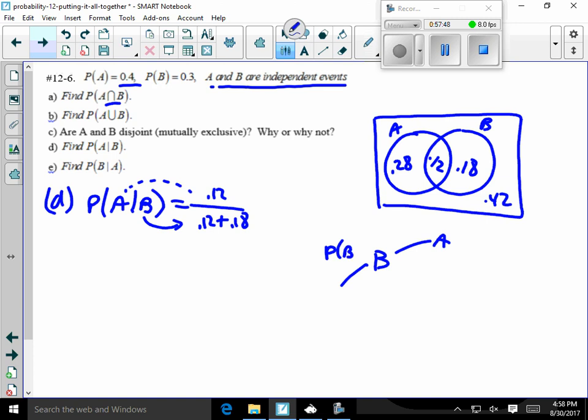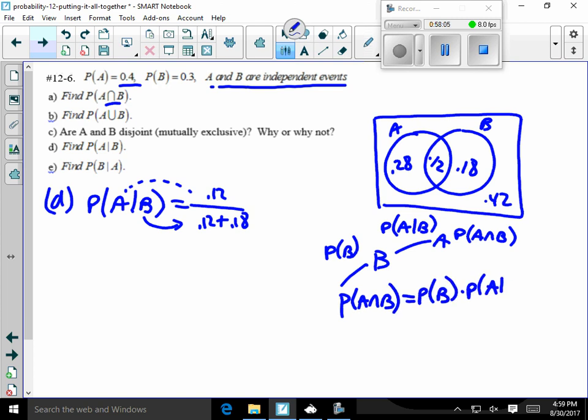This is the probability of B. This would be the probability of A given B. And this out here would be the probability of A and B. And if you did the multiplication, the probability of A and B is equal to the probability of B times the probability of A given B. And then if I solve that for this, I could divide both sides by the probability of B, and I will get what's called the conditional probability formula.